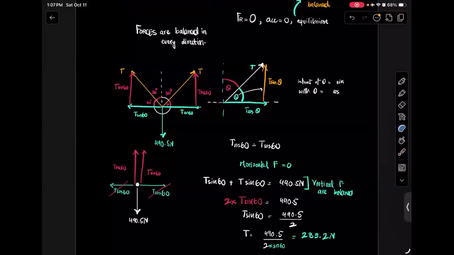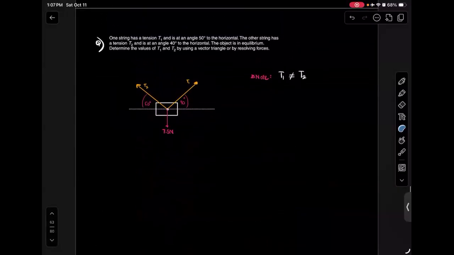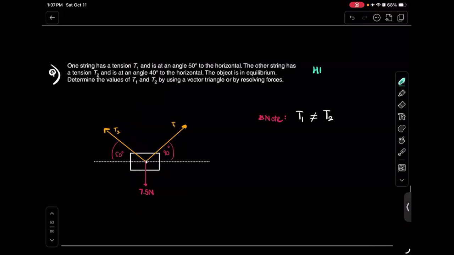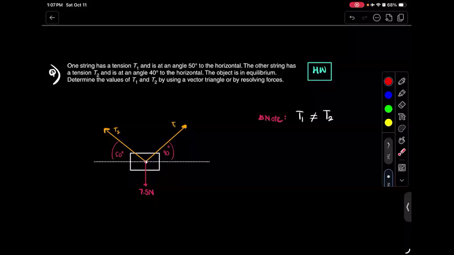Okay, great. Perfect. That'll be all for today. I'm giving you a similar question as homework. This is a past paper question. It will take some time. I've even drawn it out for you. There's one slightly different idea over here. You've again got two ropes. One is pointing at this angle, 40 degrees, and you've got another rope pointing at T2.